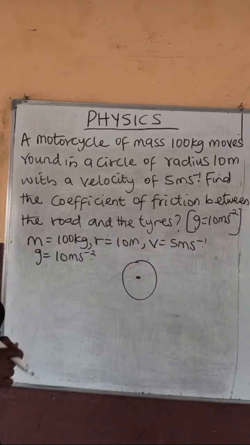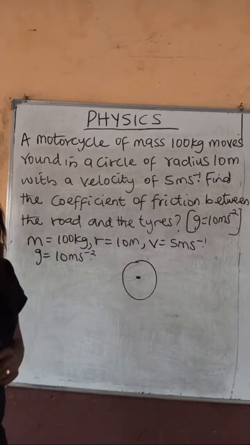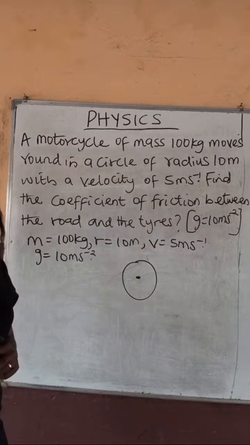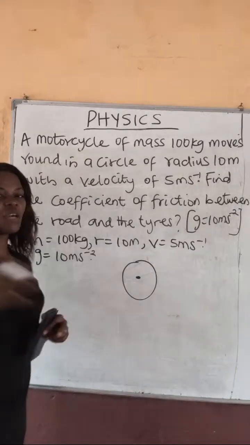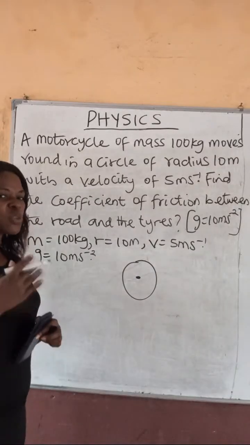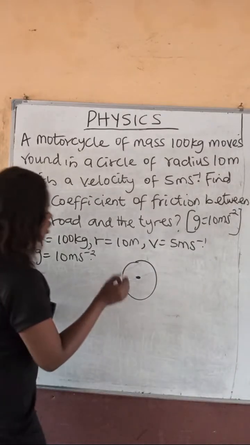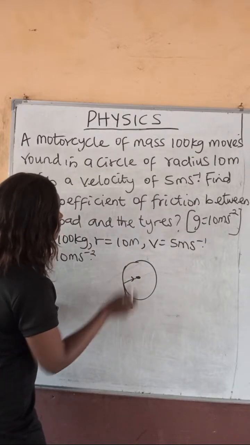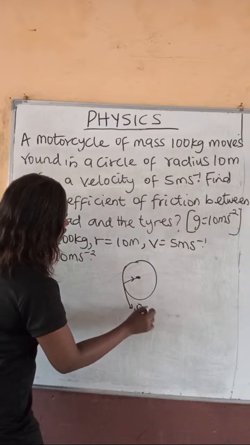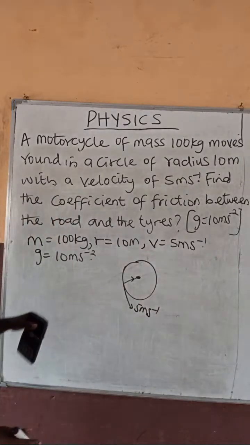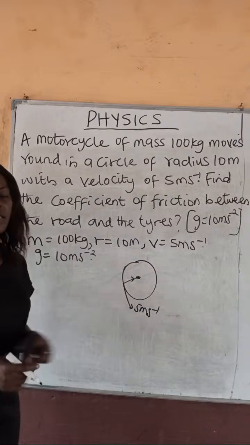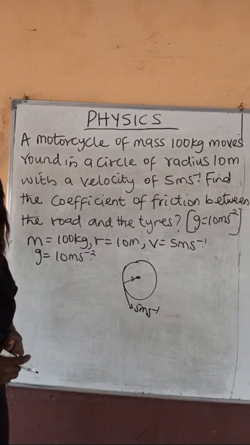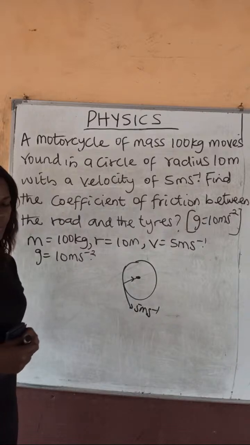Because centripetal force is an inward force that keeps a body towards the center of the circle. So the object is moving with a velocity of 5 meters per second, okay? So we are going to look at the centripetal force. Is that okay? Do you understand?